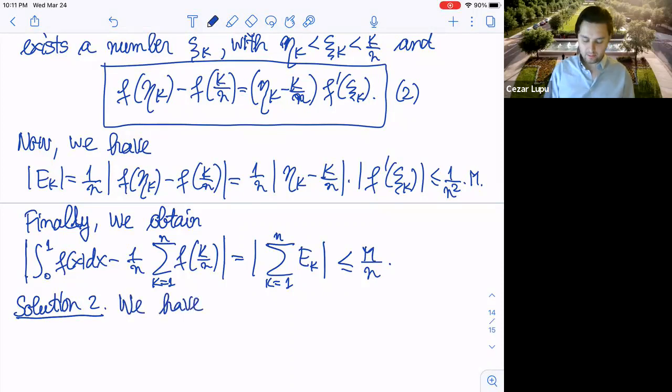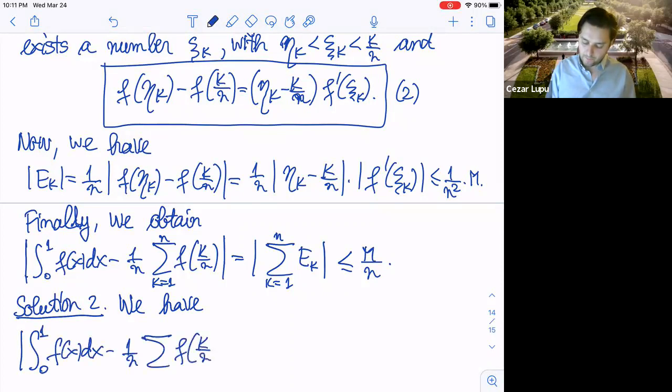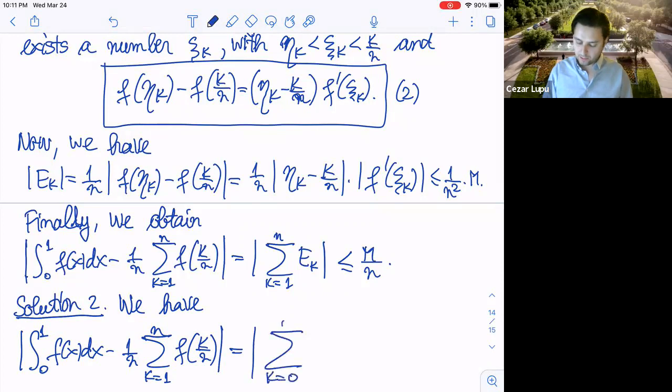Let's write that difference: the absolute value of the integral of f minus this sum, 1 over n times the sum of f of k over n, in absolute value. And this guy, we will break into these integrals, so we will write it in this way.